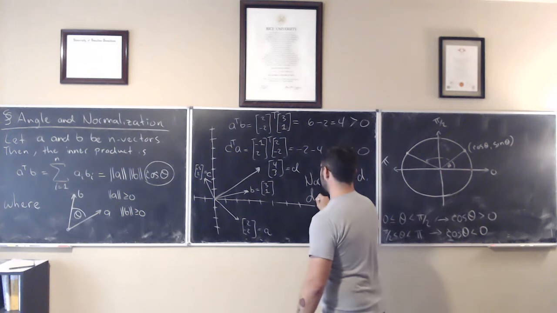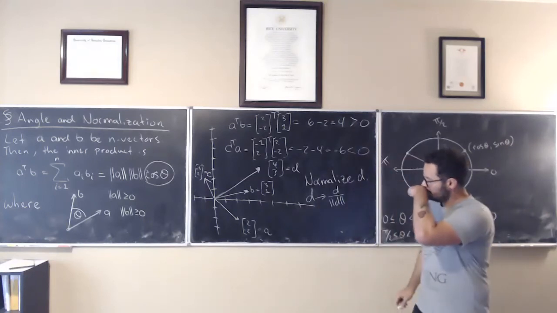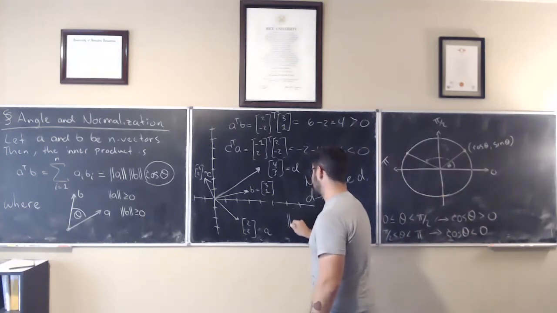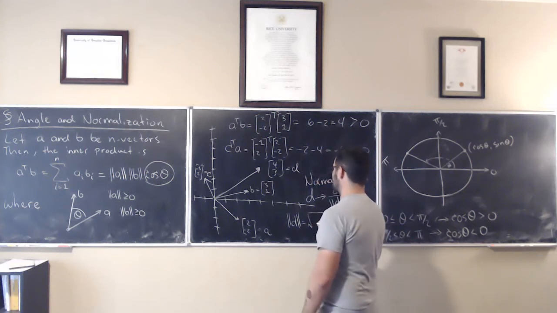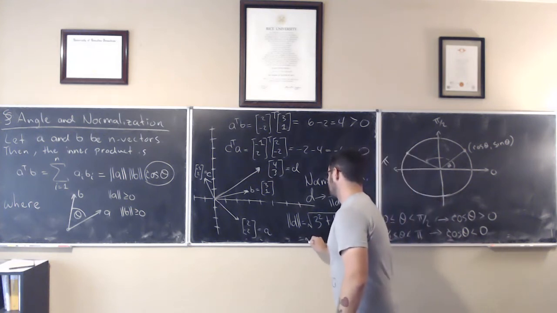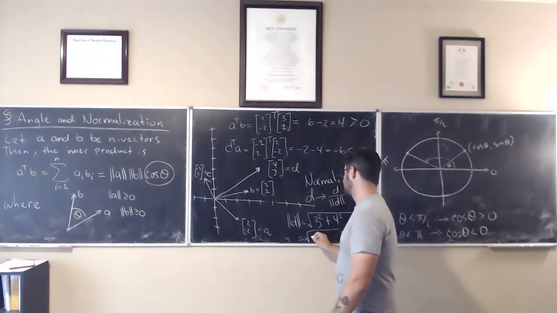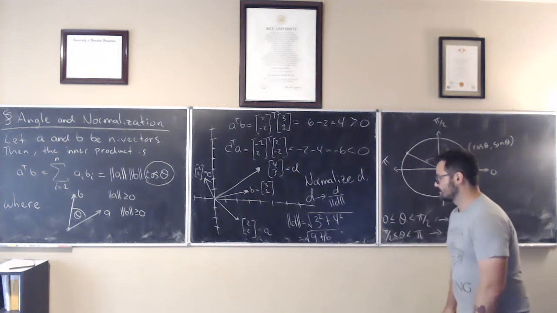So then D becomes D divided by the norm of D. So then what's the norm of D? The norm of D is the square root of 3 squared plus 4 squared, or the square root of 9 plus 16.